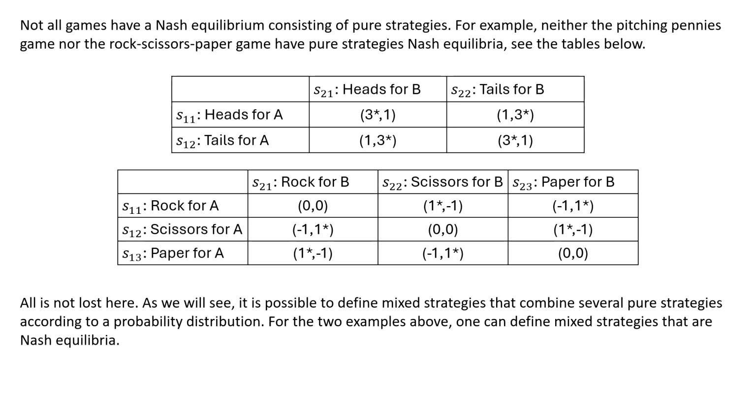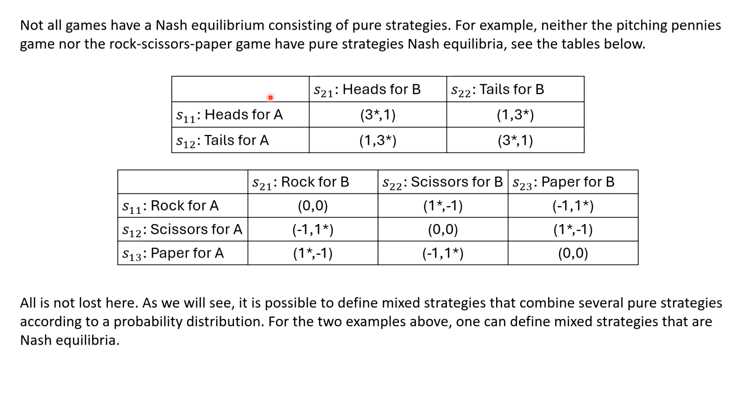Not all games have a Nash equilibrium consisting of pure strategies. For example, neither the pitching pennies game nor the rock, scissors, paper game have pure strategies Nash equilibria. And I can show that in the table here. I went through the algorithm for both of these, and I put the little stars next to the appropriate item.